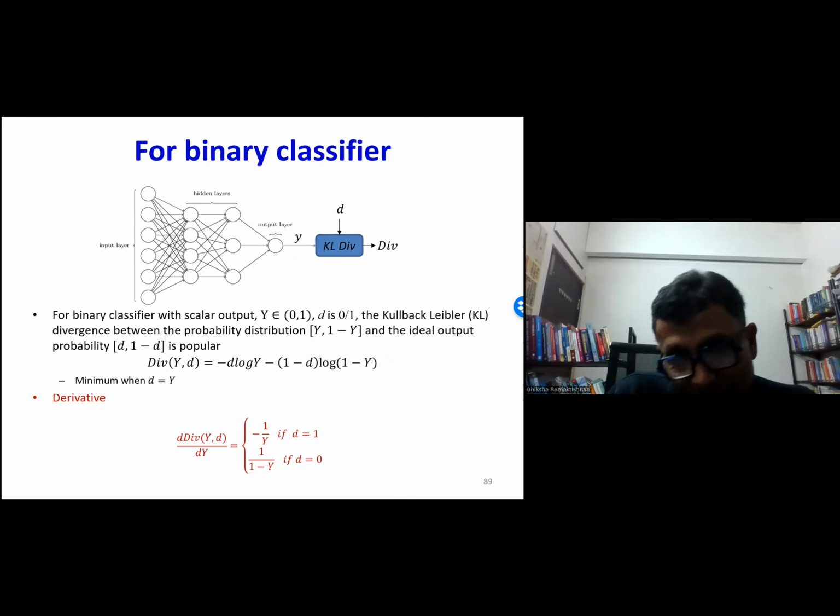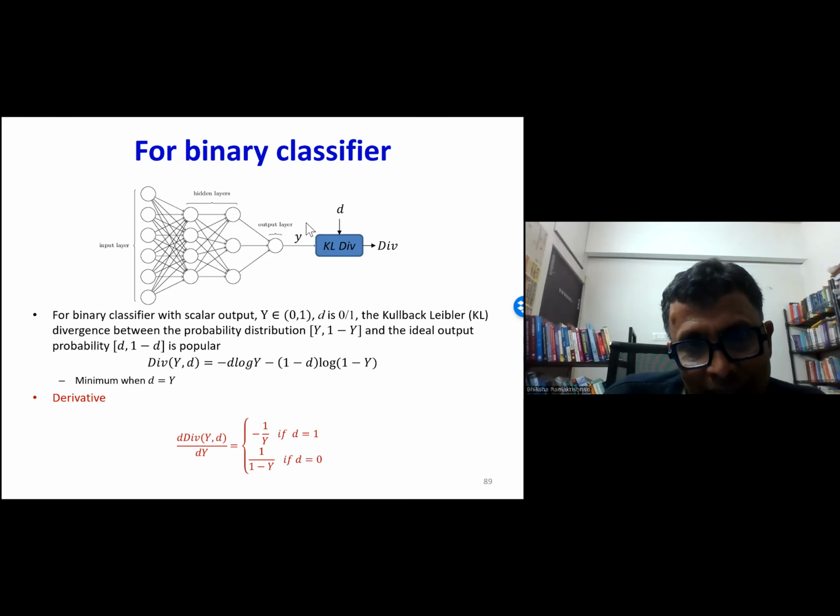For classifiers, for binary classifiers with scalar output, the desired output D is either going to be 0 or 1. Y is going to be some number. We are going to use a sigmoid activation, so it's going to be some number between 0 and 1, as we saw, right? So you can think of Y as the probability of class 1.